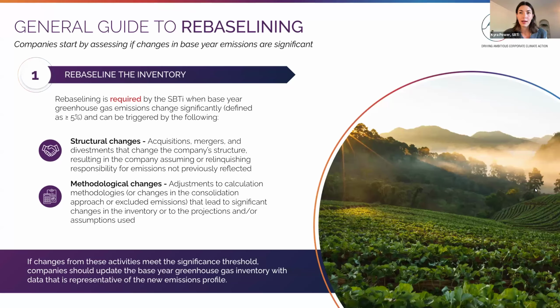The Greenhouse Gas Protocol has some additional requirements in terms of companies maintaining a rebaselining policy and developing their own significance thresholds if appropriate. But the SBTi, we really maintain that 5% or more threshold. And I can walk you through a bit of what that looks like when applied to certain parts of the inventory and how that affects targets. So if we can move to the next slide.